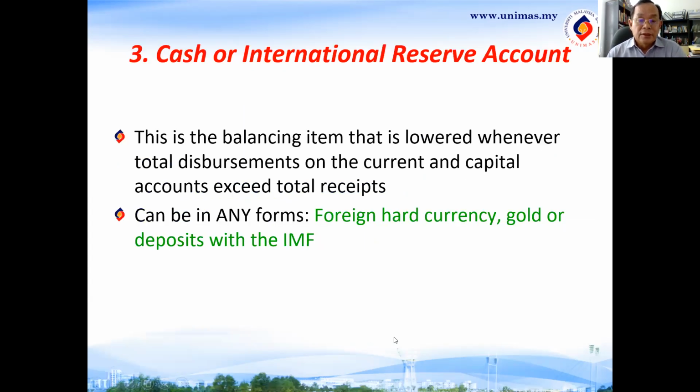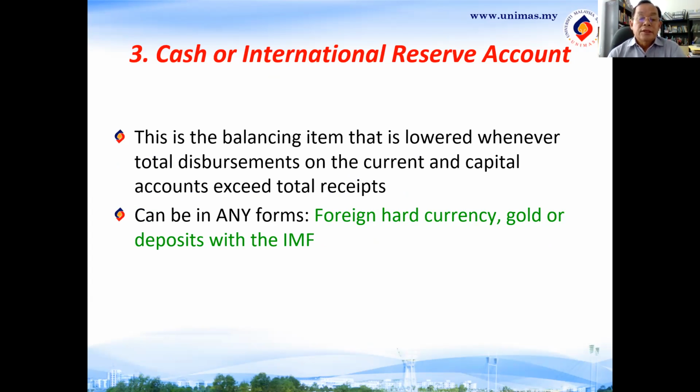Okay, now the third account is the cash or international reserve account. I think you probably have heard people talking about reserve, the country's reserve and so on.